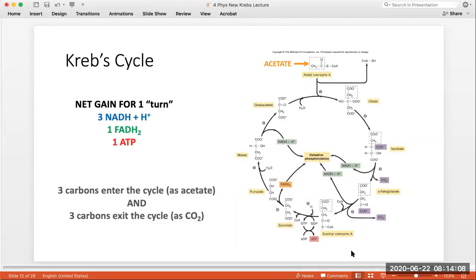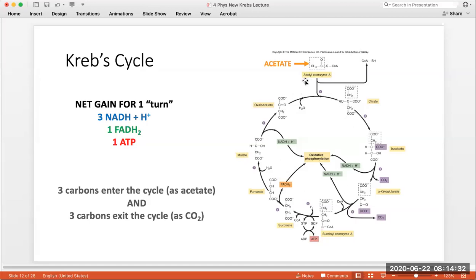So this is the Krebs cycle. Again, this is showing you what you get for 1 turn. 1 turn of the Krebs cycle is where you have an acetate entering the cycle, and you go through all of the sequential reactions of the Krebs cycle until you get to the point where you produce your starting metabolic intermediate, the one that's going to combine with a new acetate that enters the cycle.